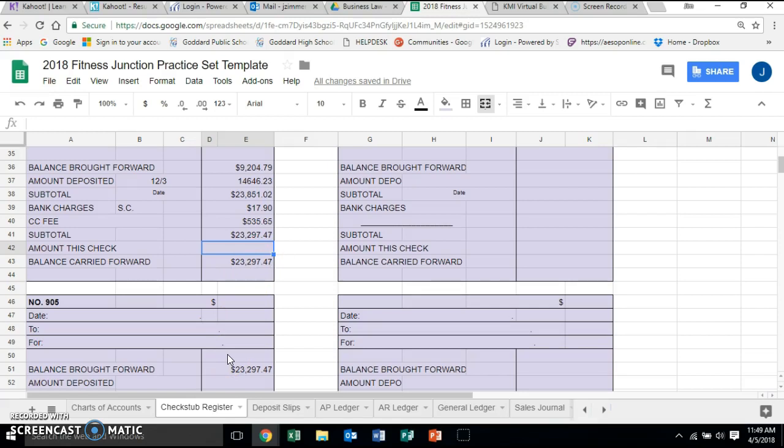Okay, once you've included that in here and once you've plugged it into your deposit slip, that is literally all you have to do because everything else has already been journalized. All right, so after that's done, you're going to move on to the next form. Form 16 through 18, those are pretty standard.